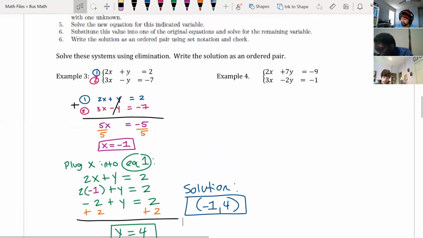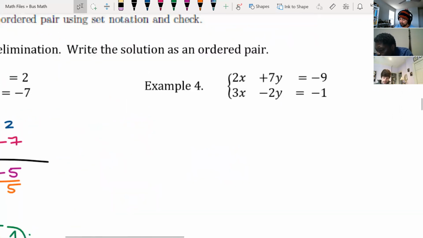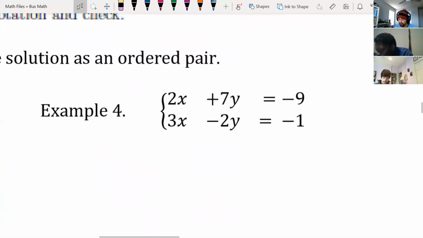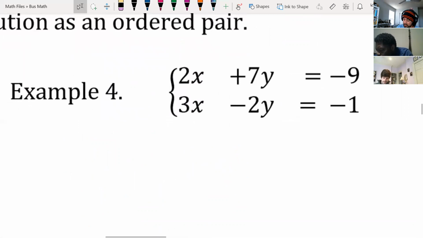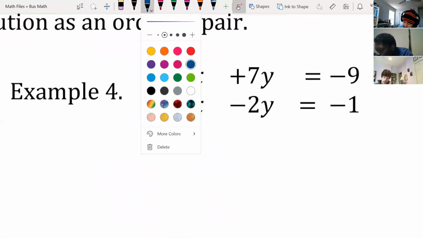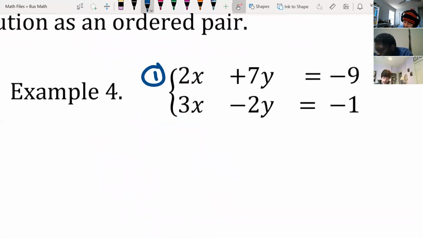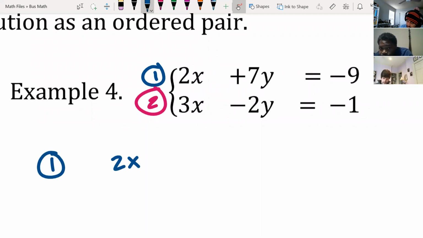Okay. Let's start with example 4. Again, I'll say equation 1 and equation 2. And I'm going to rewrite them out here. Let's say 1, 2x plus 7y equal to -9.